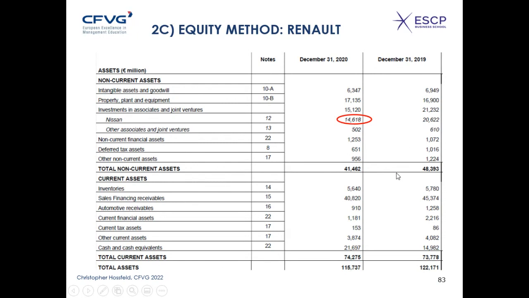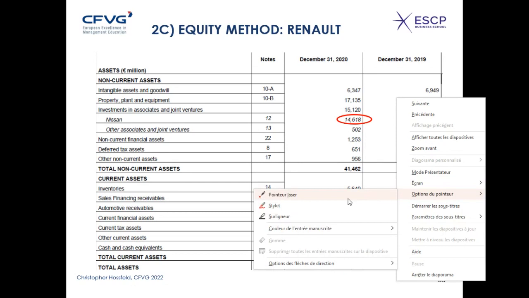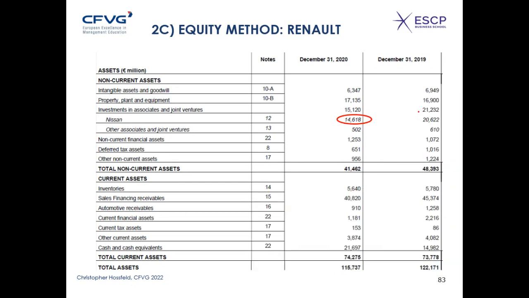We see also that the book value has heavily decreased compared to last year. So what does this tell us? If I see I have my equity method investment and the book value decreased very heavily, what type of information does this give me?